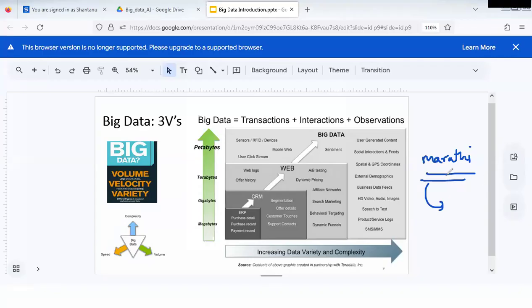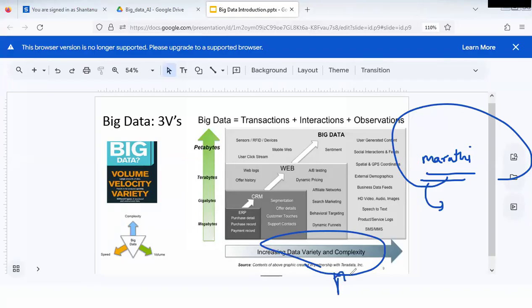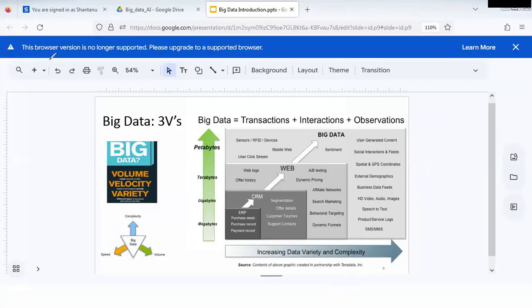So today these companies have more information about regional languages than we have. We don't have as much knowledge of Hindi or as many Hindi words as Amazon, Google, Facebook or Instagram have. Are you understanding the point I'm making? The size, complexity and variety of data we are talking about is huge. So that is one aspect of big data.